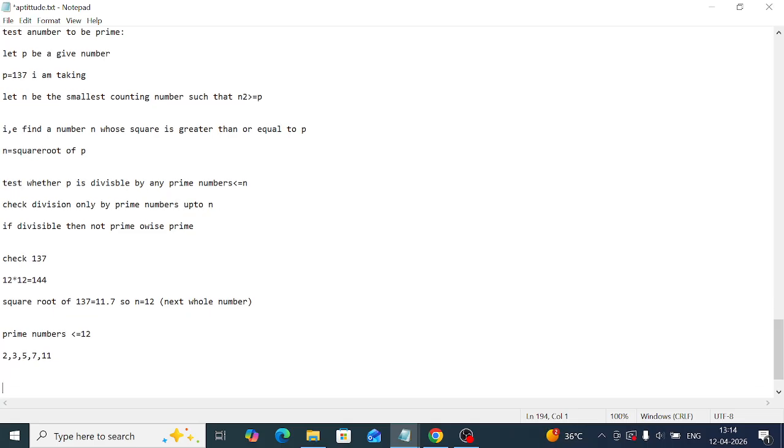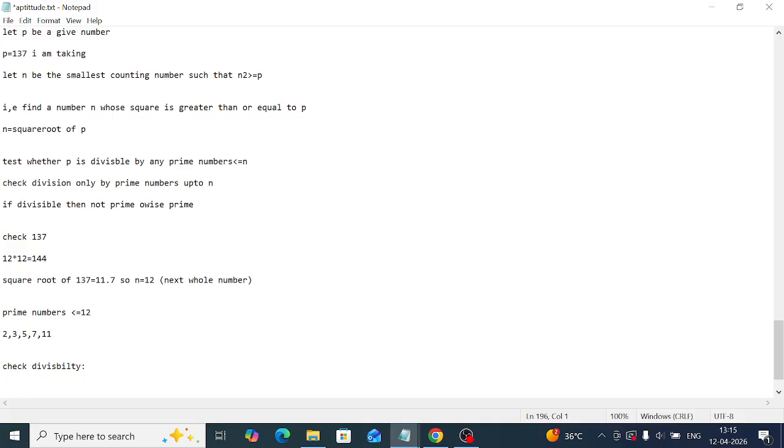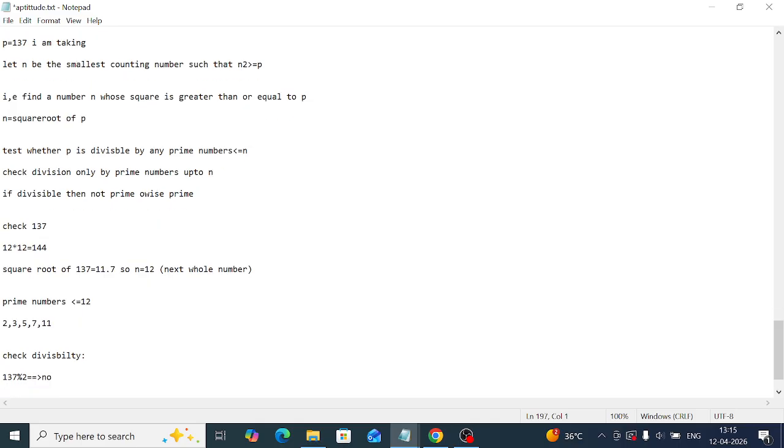Next, check divisibility. 137 divided by 2: 2, 6, 12, 1, 2, 8, 16, 1. You will not get remainder 0, so it is not satisfied.